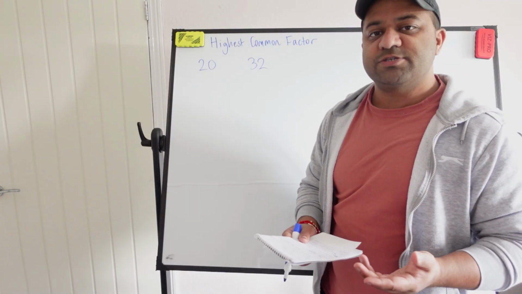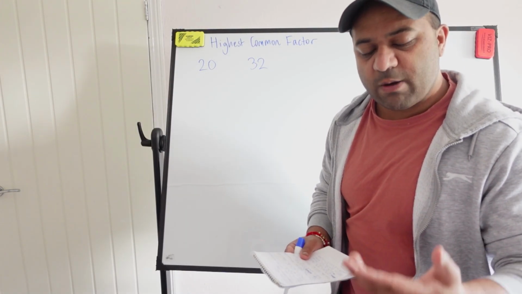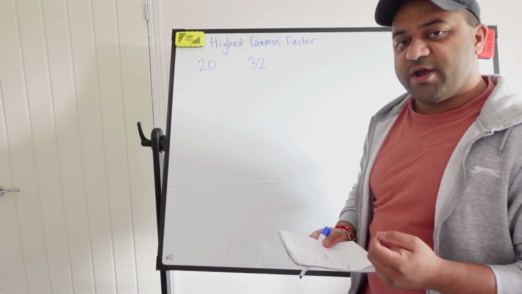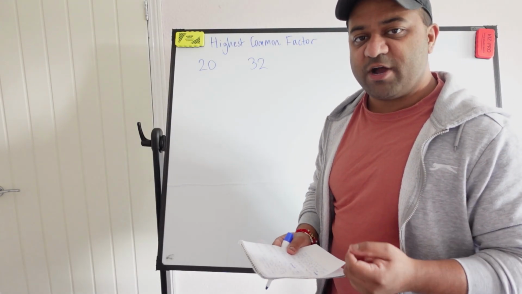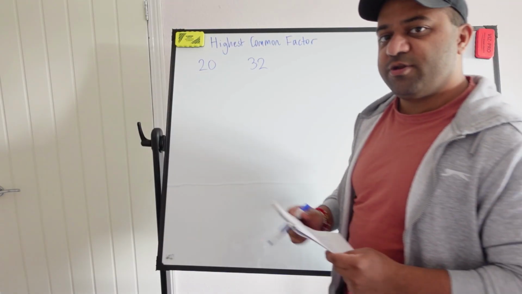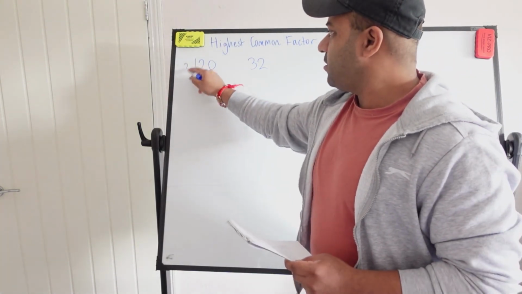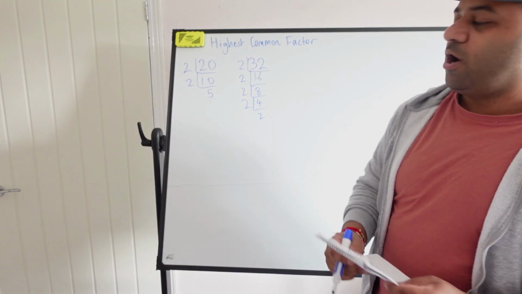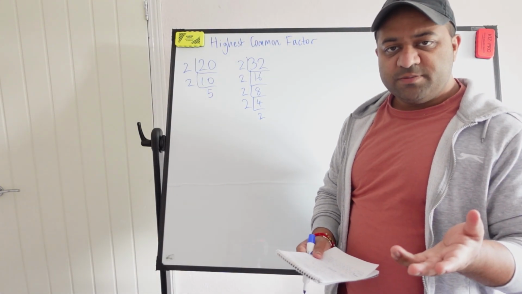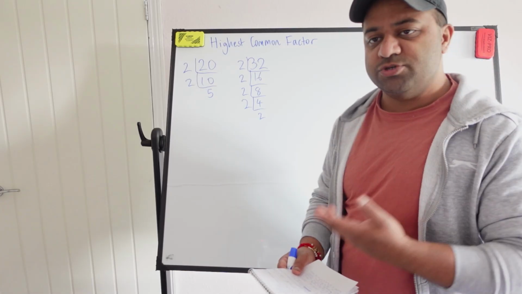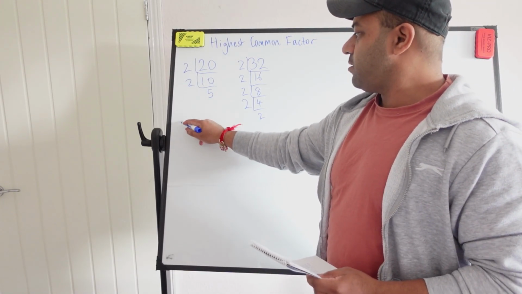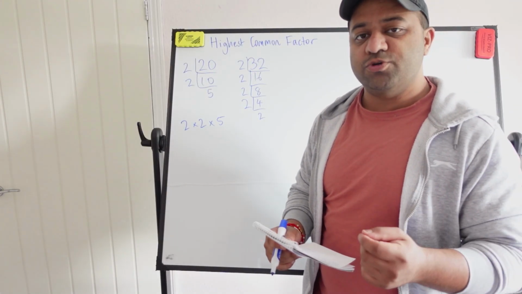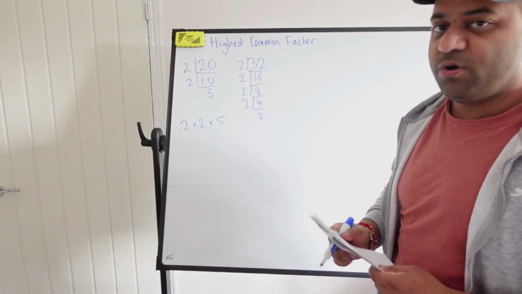So to do this, we can use our prime factorization method to break down the number. So I'll be using the method from the previous video on prime factorization, where we do the bus stop method and work down the page. Okay, so we've broken down the number 20 into 2 times 2 times 5. And the number 32 is 2 multiplied by itself 5 times in a row.